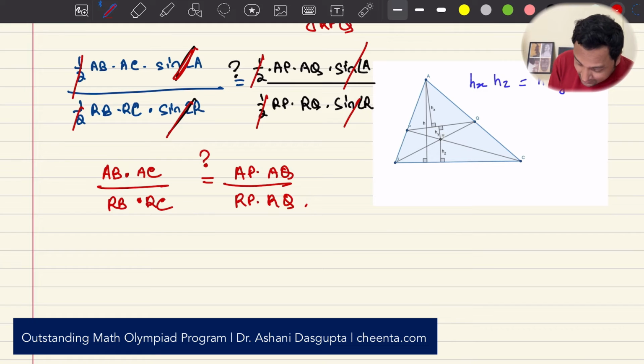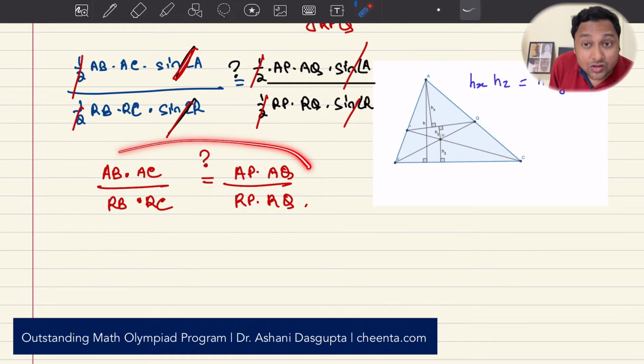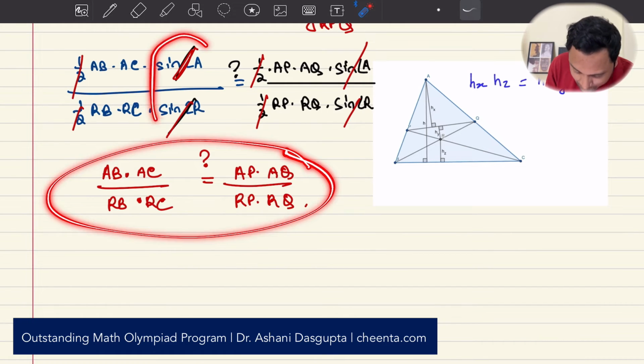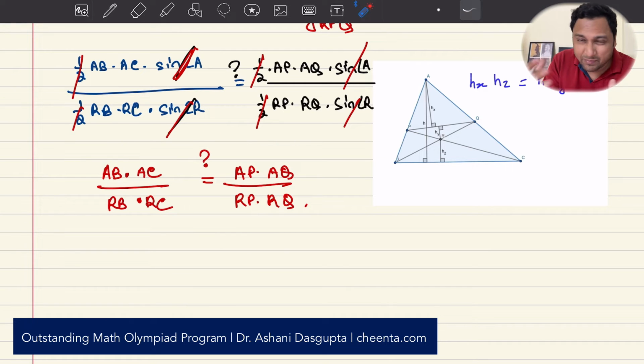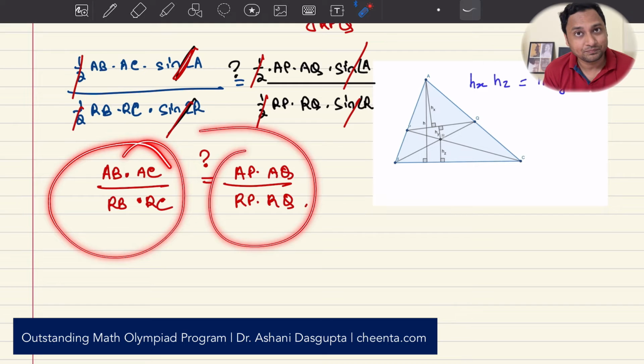If we can show this, then we can just multiply both sides by half and sine A by sine R, and we can go back to the ratio of areas and go back to the ratio of heights. You see how it's going, right? We are sort of backtracking the entire thing. We want to see if this can be shown.